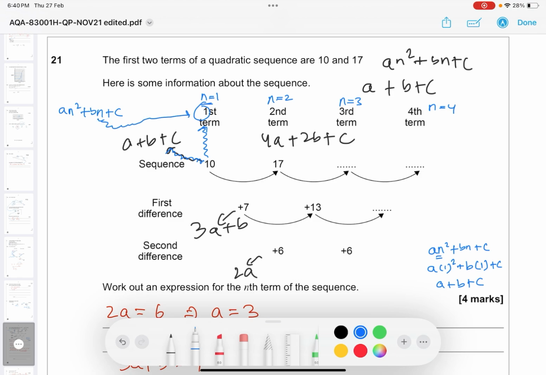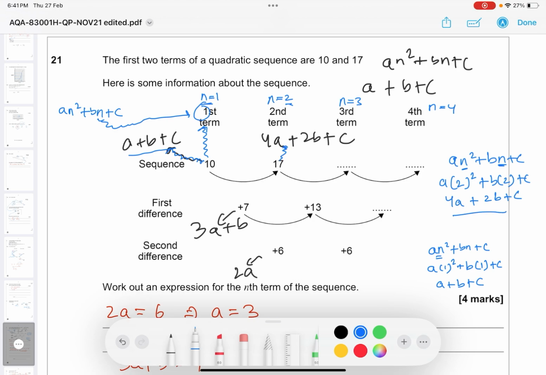Same for the second term. If I replace n by 2, I will get a times 2 squared plus b times 2 plus c. That results in 4a plus 2b plus c. Very good. So the second term is 4a plus 2b plus c.